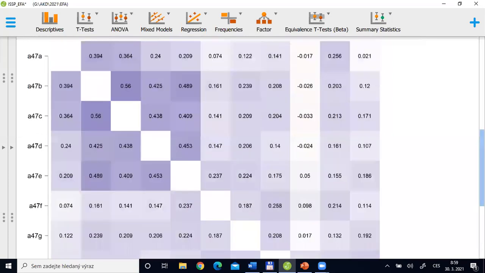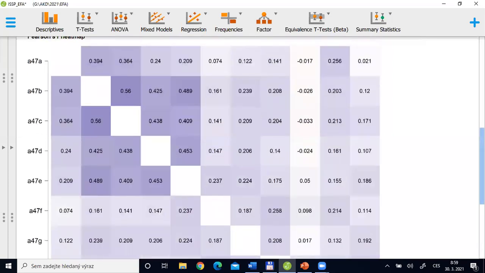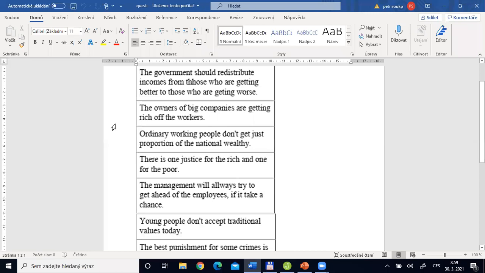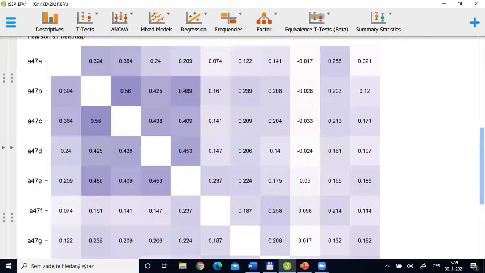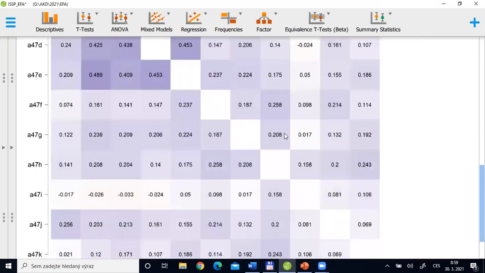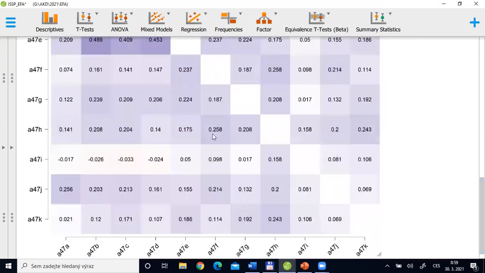So our expectation before we analyze this pattern by exploratory factor analysis is that we would find at least one dimension, and according to our previous interpretation, it would maybe be a left-right scale. And maybe we would find a very weak second dimension created by 2 or 3 items. That's our expectation. So that's the first insight from the heat map.